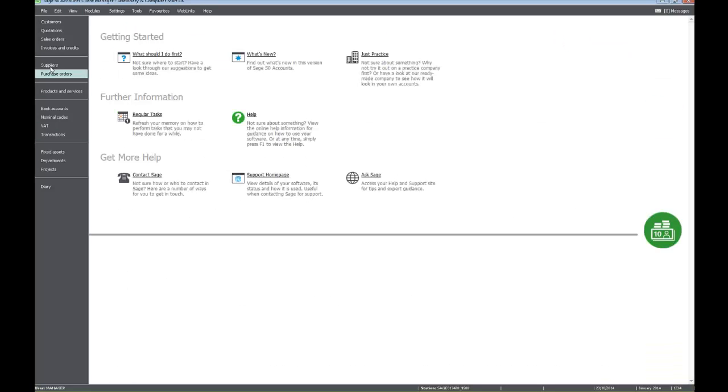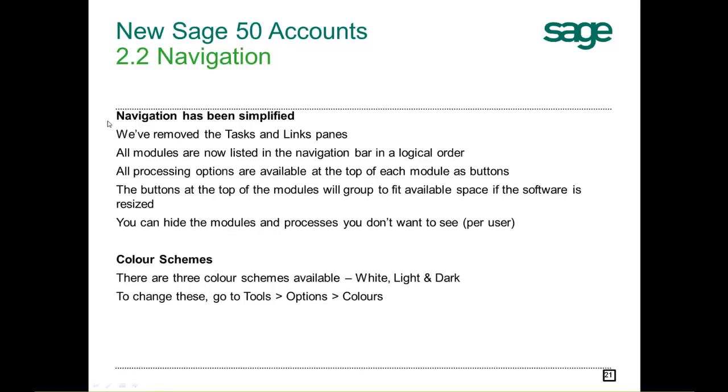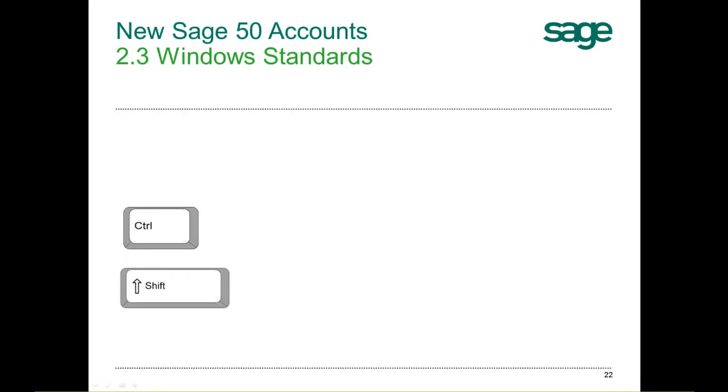Okay, so when you go into the program now, you'll notice that the color scheme has changed. So you can also use the color schemes that we have set for you. So that's some of the features in regards to the navigation. What we've also got is Windows Standards.